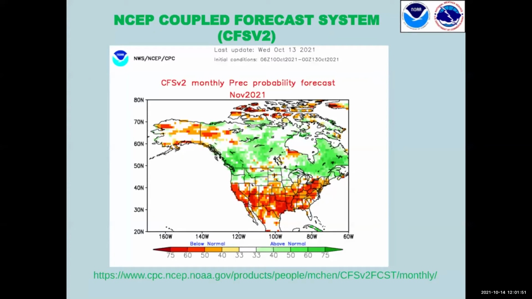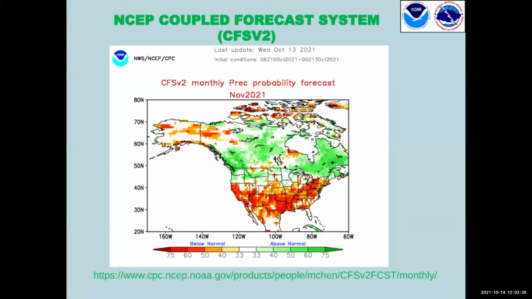So the first graphic I'll show here is the Coupled Forecast System, the CFS. This is an American model, and the link below the image is the link you can go to look at a number of graphics related to the CFS. You can look at a 3-month horizon view or a month. In this specific example, I grabbed this yesterday, Wednesday, October 13th, and this is a 1-month outlook.